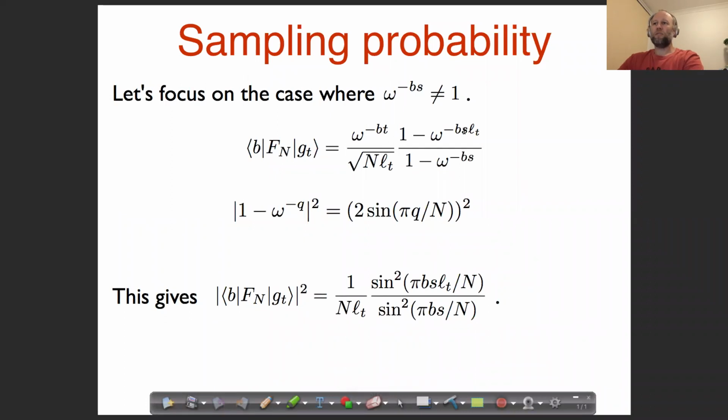So we apply this formula to both the numerator and the denominator, and we get that the magnitude squared of the bth entry is this. The omega to the minus bt goes away, this squares, so we have N LT in the denominator, and then we have these sine squared terms.